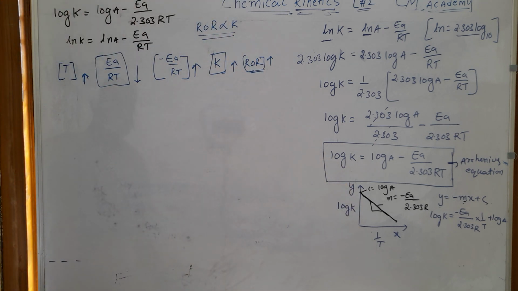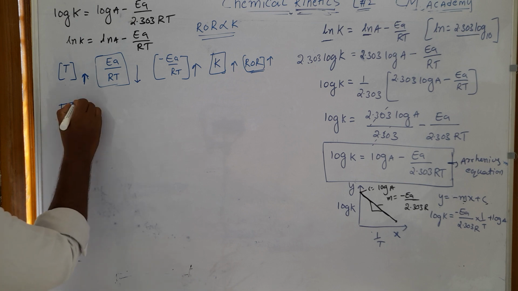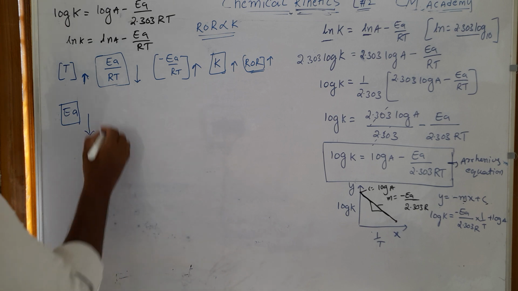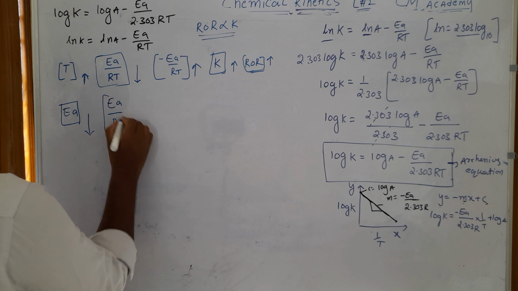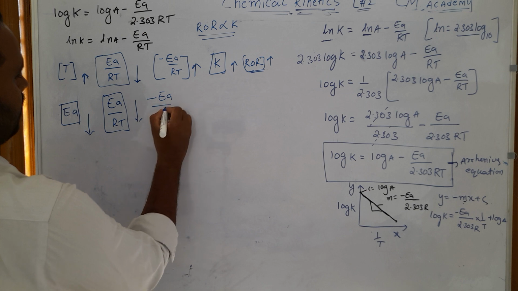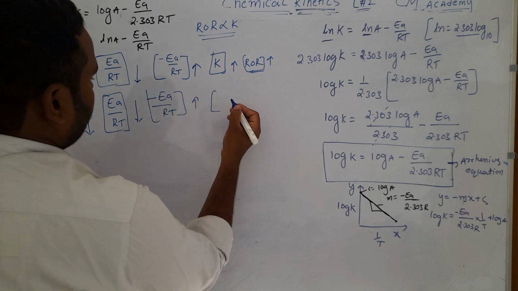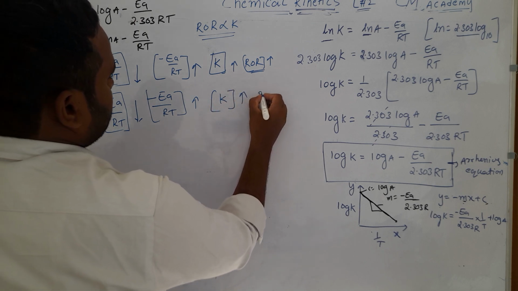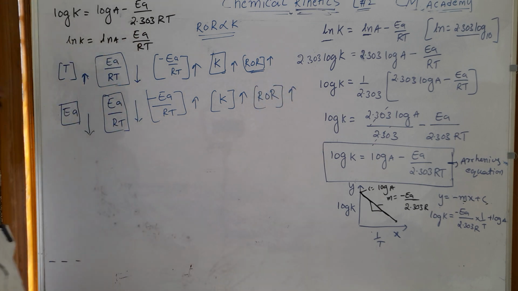Next, activation energy. If activation energy decreases, Ea by RT also decreases, minus Ea by RT increases, which means the k value increases and the rate of reaction also increases.